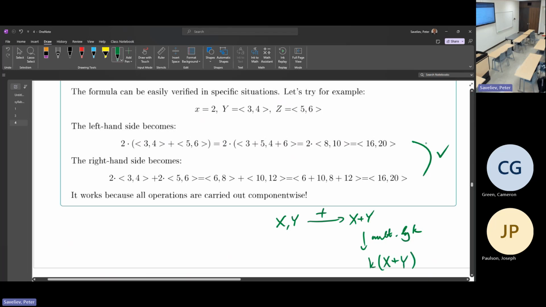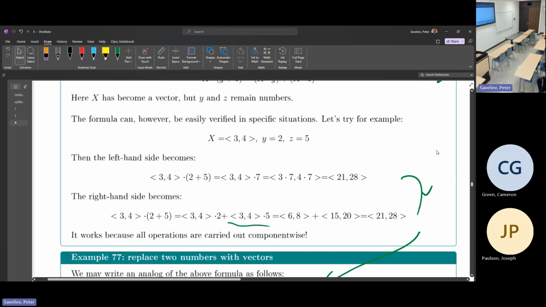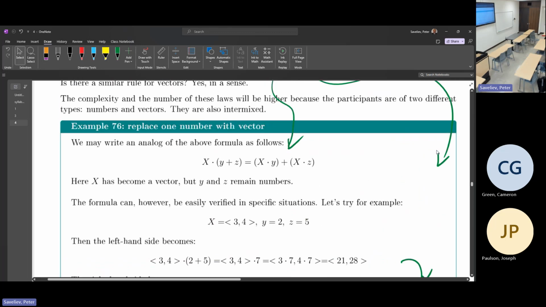And the other route is first multiply by k, which gives me kx, ky, and then I add them together. So I have kx plus ky. Okay, and the answer is the same. Same with the other one. So this one is a bit simpler, but it's the same idea as a matter of fact.